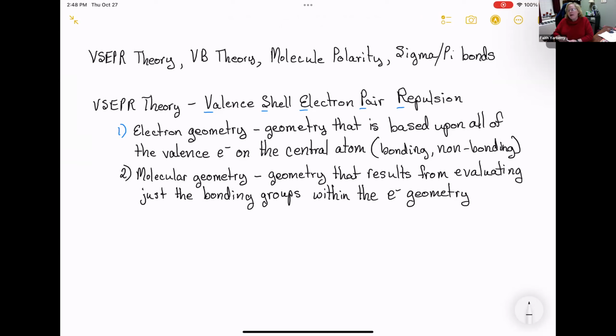Then on the back half of today, the goal is to take that information and work through some problems so that you can see how all of that information can be pared down to create the answers to the molecular geometry, the hybridization of the central atoms, the polarity of the molecule, and the sigma and pi bonds.